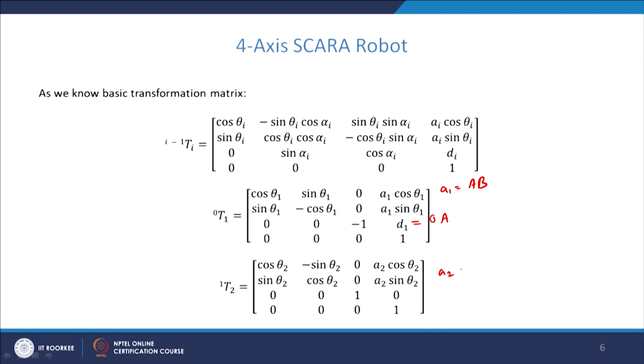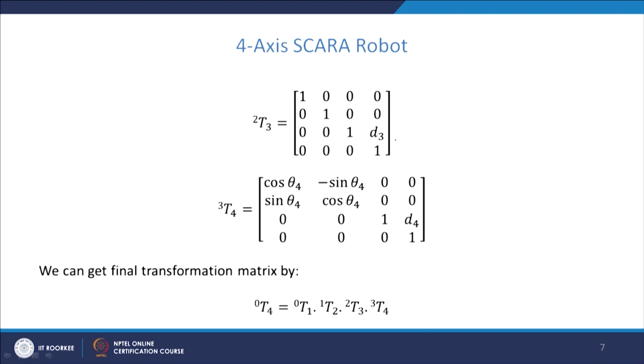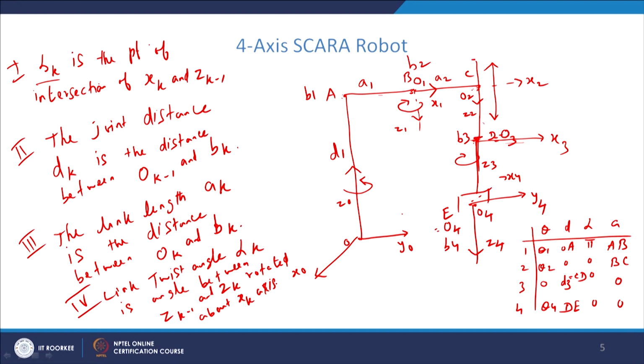Similarly, for A2 we substitute the length BC depending on the size of the robot manipulator, and D3 is a variable because the third joint is a prismatic joint, it is varying from the lowest value 0 to the highest value, which is the maximum length of that particular link.